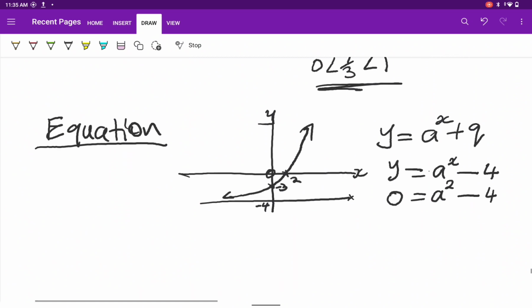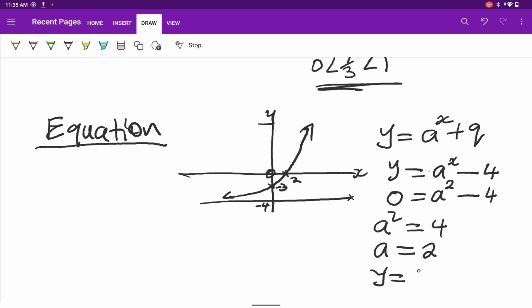Now we take the 4 to that side, so we will have a squared equals 4. When it goes to the other side, it's positive, so the square root gives a is 2. So in other words, our function will be y equals 2 to the exponent x, then minus 4.